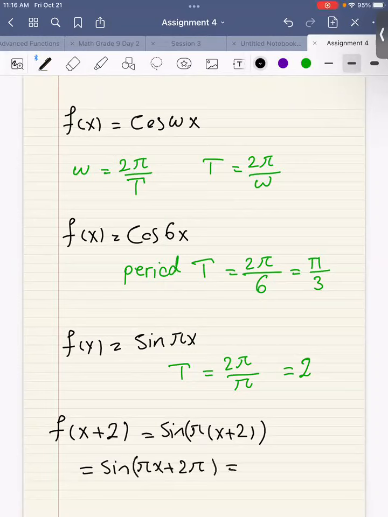But because sine is periodic with period 2 pi, this is just equal to sine of pi x. This verifies that 2 is actually the period, because f of x plus 2 is f of x.